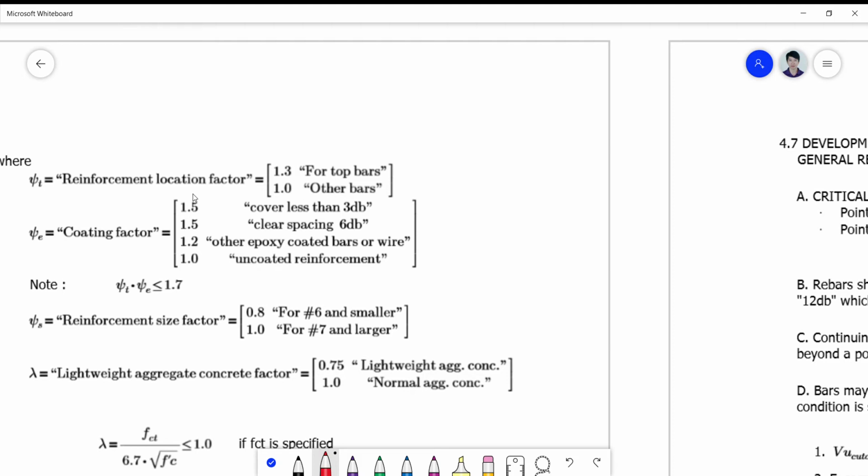Okay, so what does this reinforcement location factor give us?